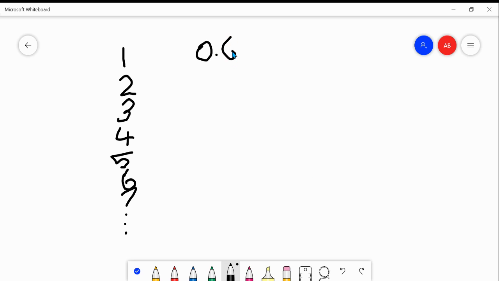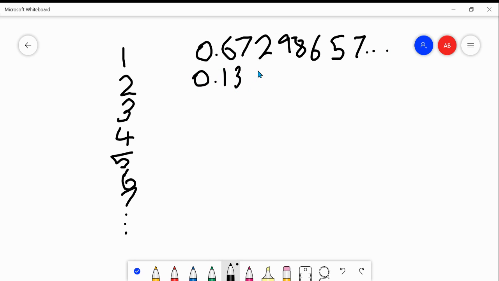So let's say 0.672898657 dot dot dot. Obviously, because they're not terminating. Then the next one can be 130493637 dot dot dot dot.